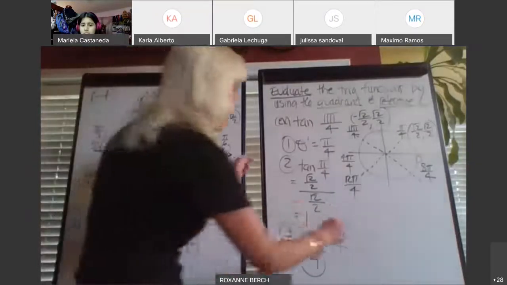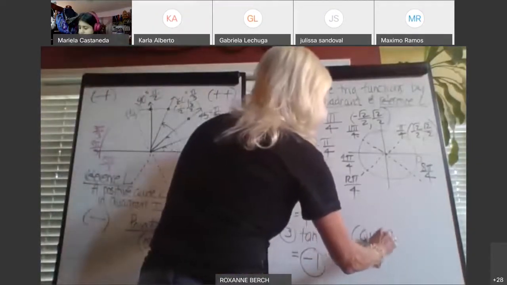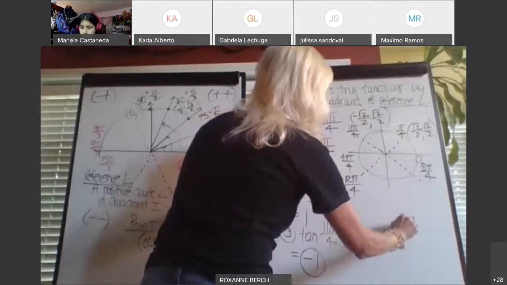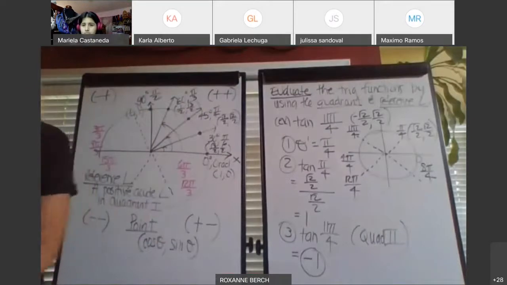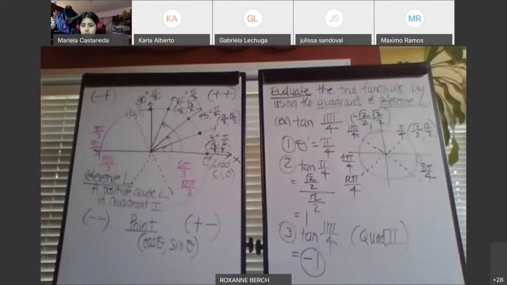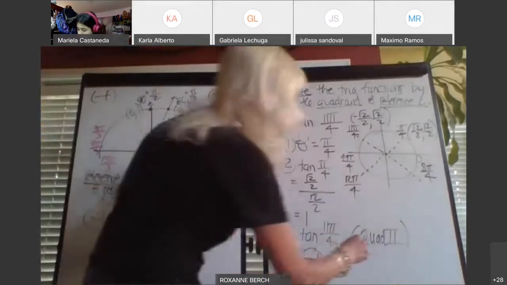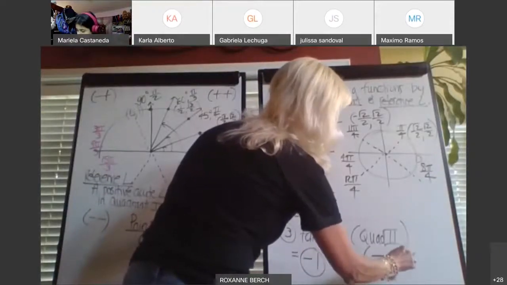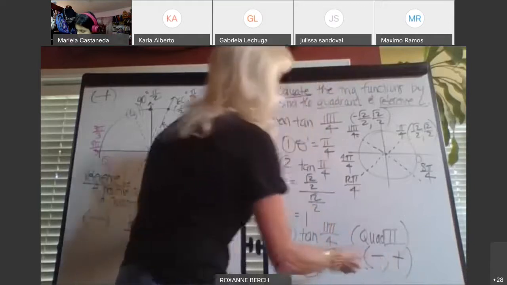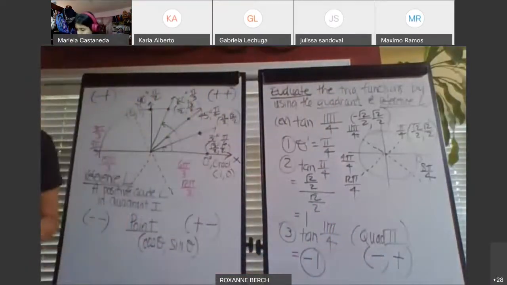This is quadrant 2: x negative, y positive, and a positive divided by a negative for tangent is negative.